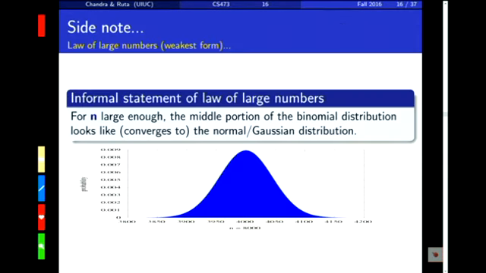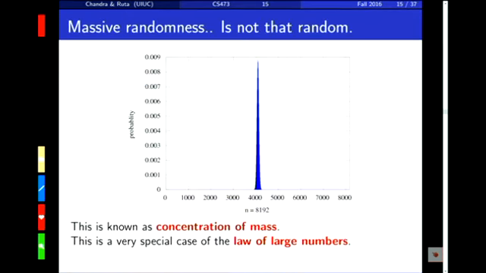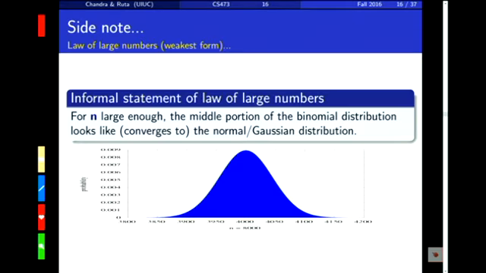So that's what the law of large numbers says: for large n, the middle portion of the binomial distribution, called binomial because the same event happens independently in every round, looks like a normal Gaussian distribution where there is a huge amount of mass near the mean.